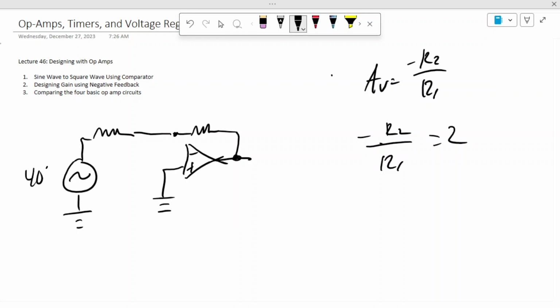So if that's 40 hertz, let's say 10 volts, and I want to get 20 volts out, then I know that the ratio I need to achieve is 2. So I would pick like 2000 ohms for this resistor and 1000 at this resistor. And I would feel confident that I'm getting the amplification I want.